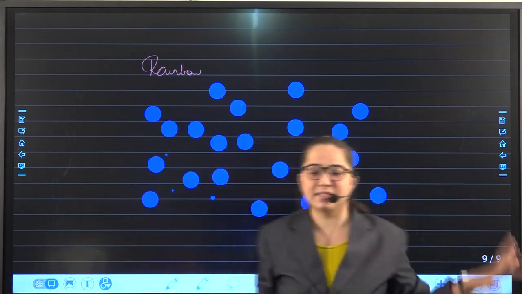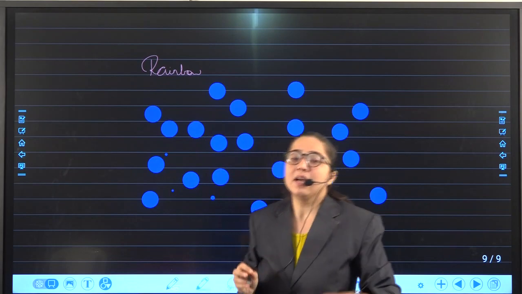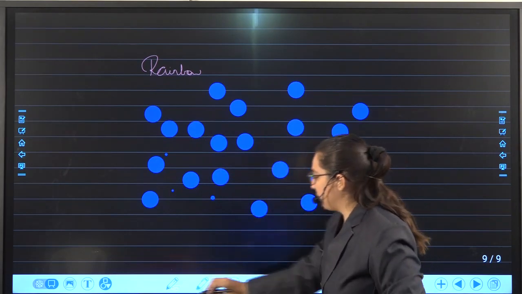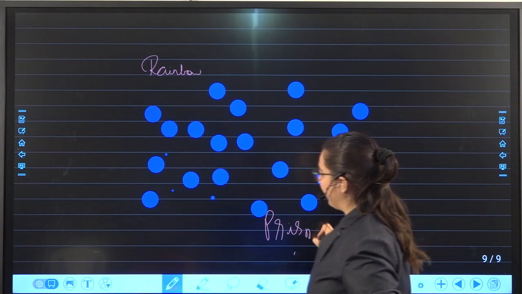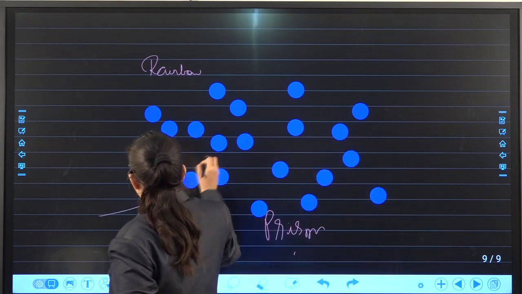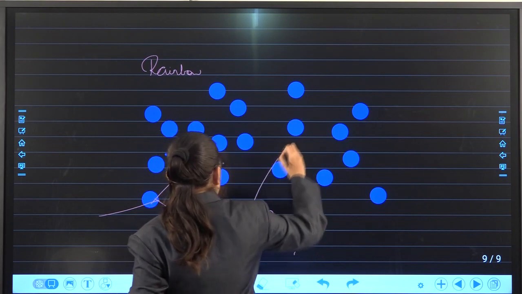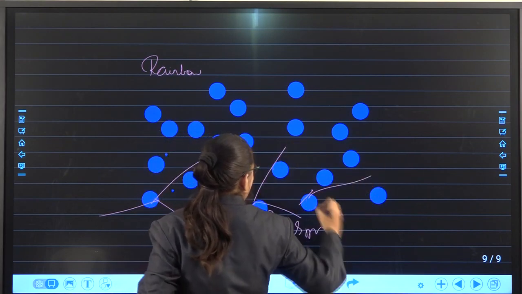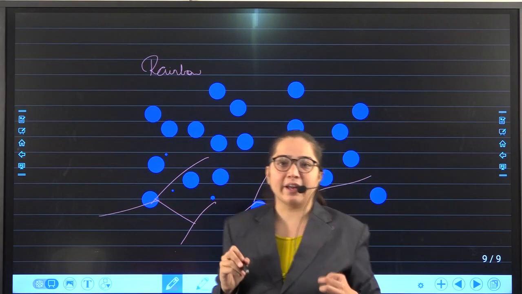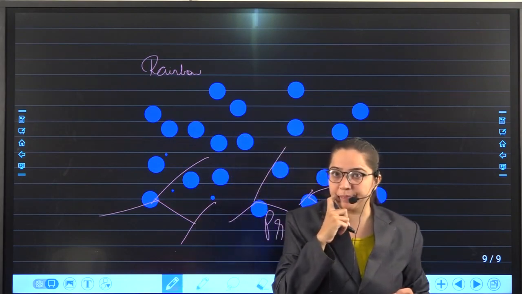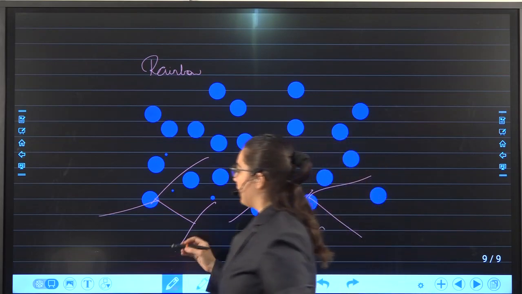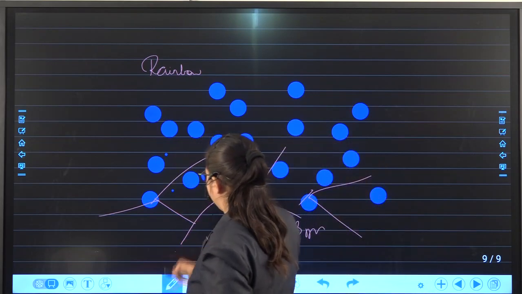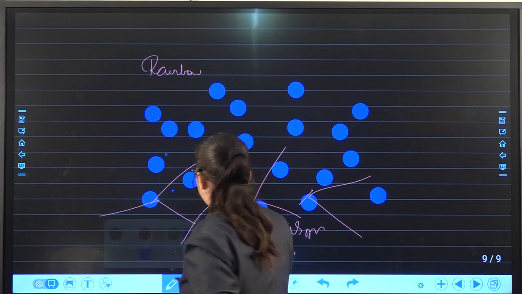When the light ray is incident on these droplets, these drops will behave as a prism, and it will give out 7 colors. Each and every tiny droplet may act as a prism, and in this way, by arranging everything, the 7 colors are formed.